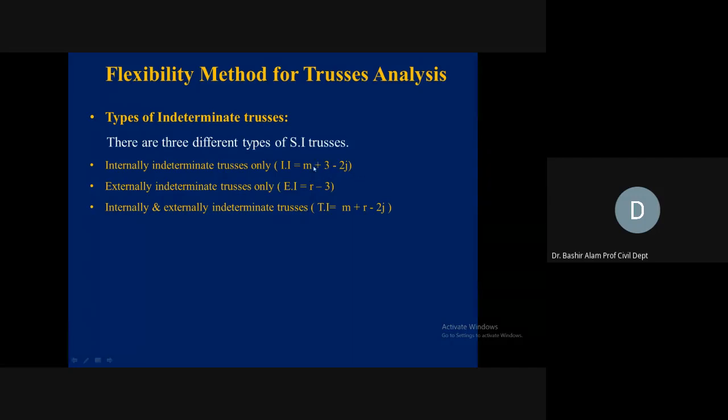These are the available equations in the case of the truss as a whole. External indeterminacy, EI, will be equal to r minus 3. Now, if we add these two, internal indeterminacy and external indeterminacy, the 3 and 3 will cancel and we are left with m plus r minus 2j, which is written here for the total indeterminacy. This is how we find the external, internal, and total indeterminacy.